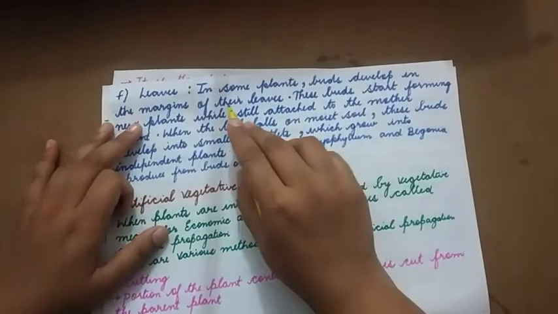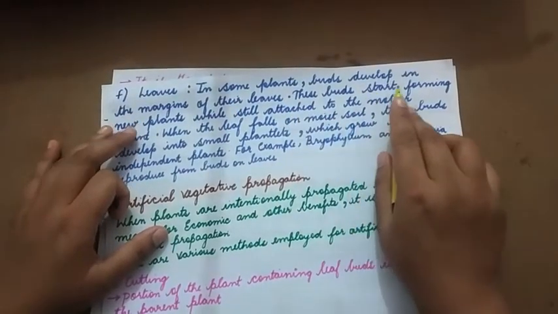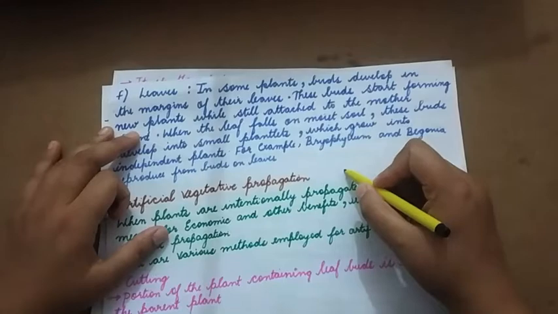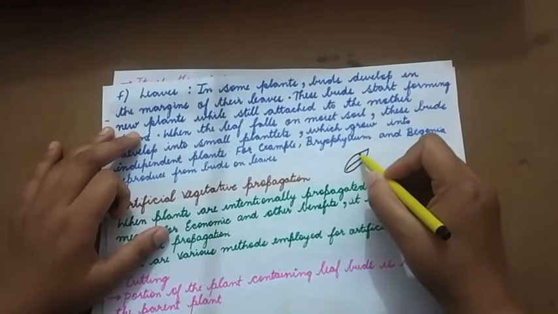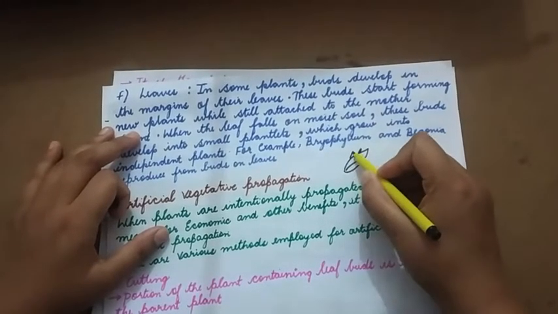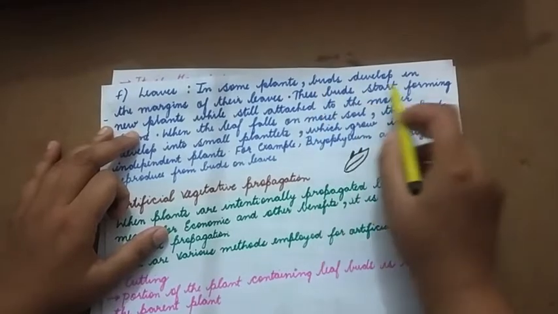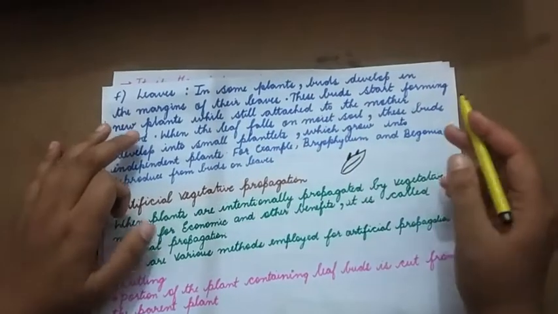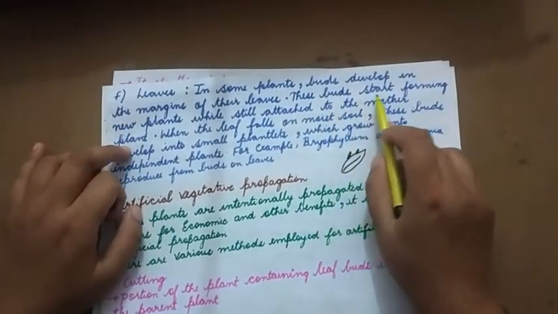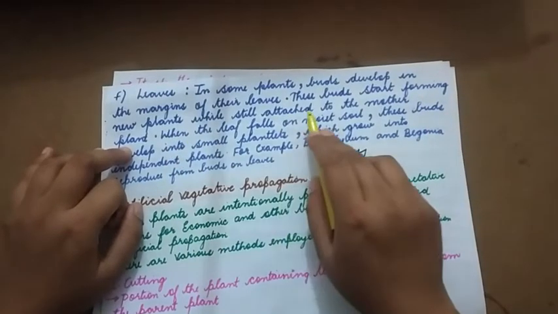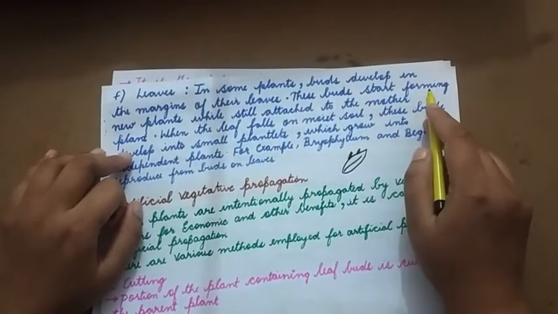Next one is leaves. In some plants, buds develop in the margins of the leaves. Tiny buds are formed along the margins of the leaf. These buds start forming new plants while still attached to the mother plant.